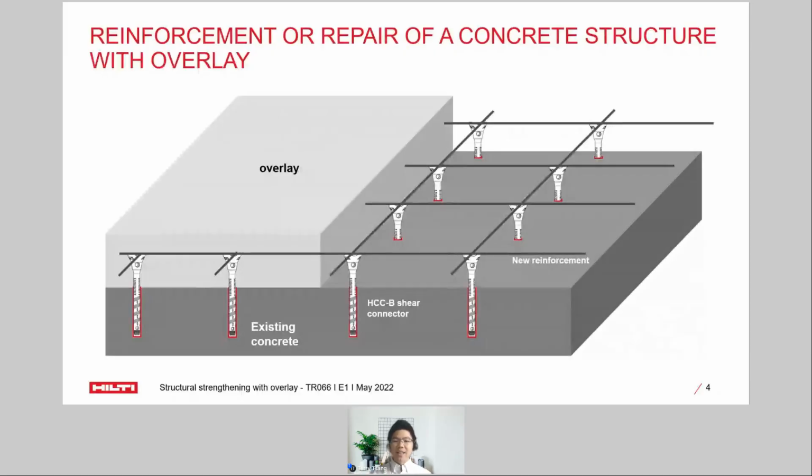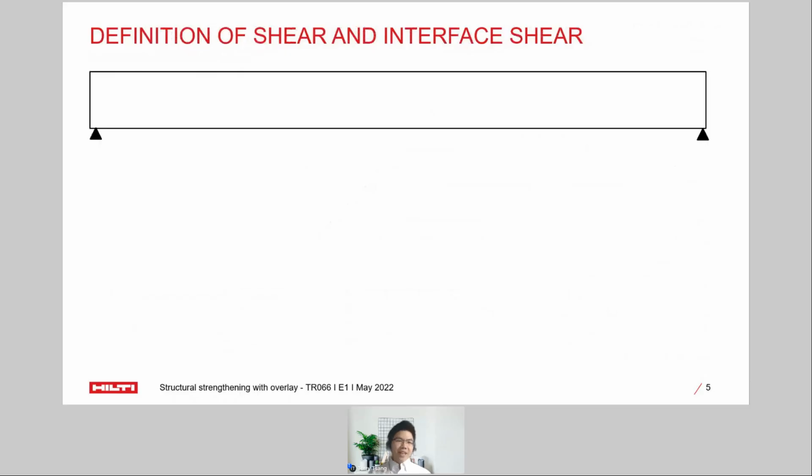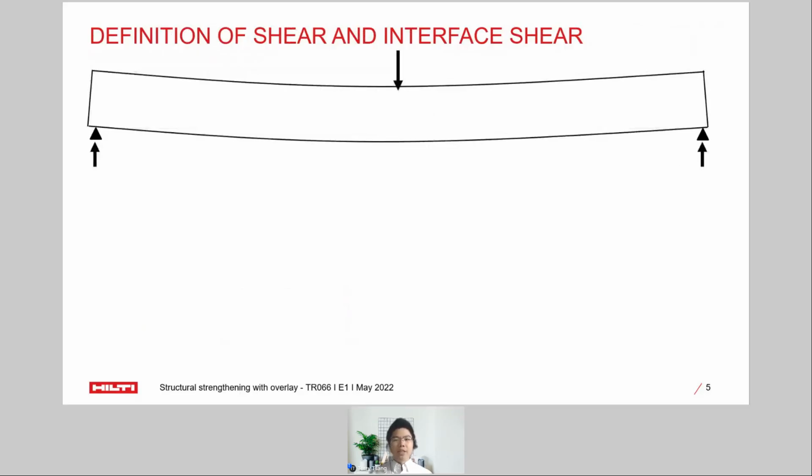Having said that, let's take a closer look at why a shear connector is needed. Just imagine that this is a beam. When we load the beam with a force, the beam will definitely undergo certain deformations. And we will have two forces on the support side, on the left and on the right, to keep the beam in place, the so-called equilibrium state.